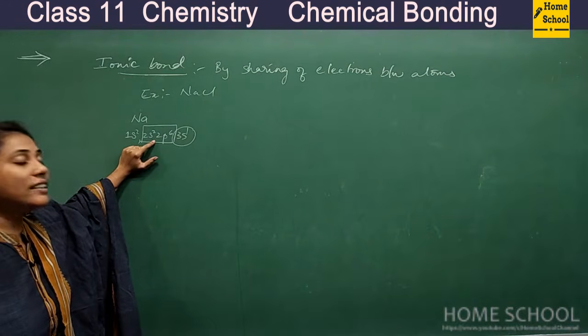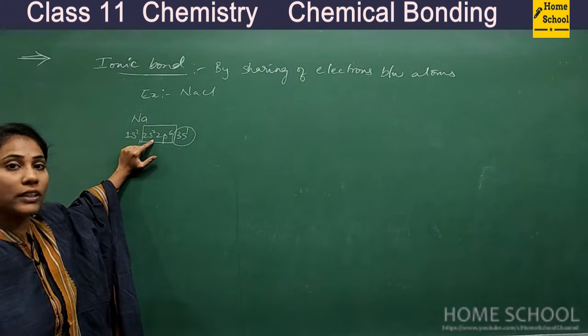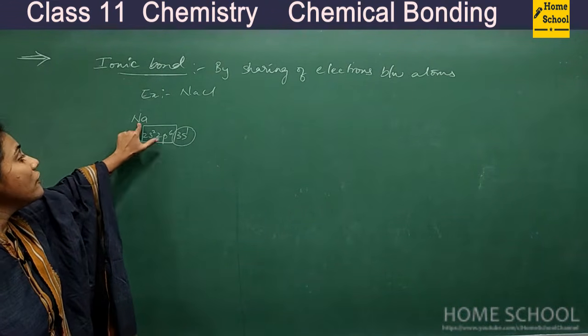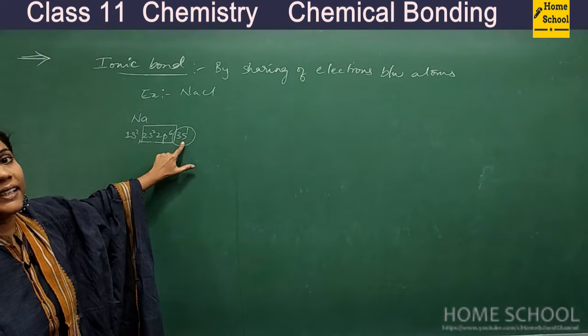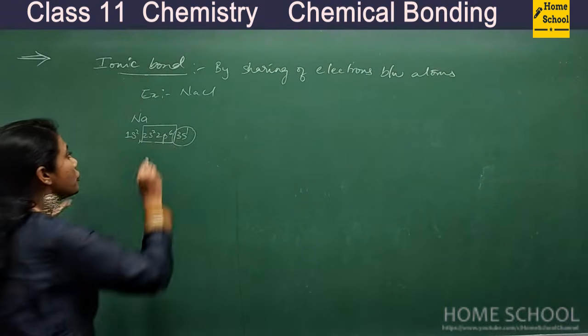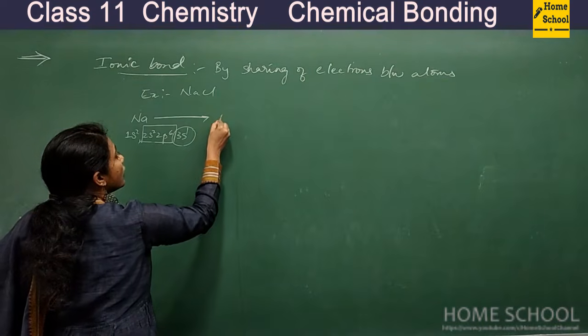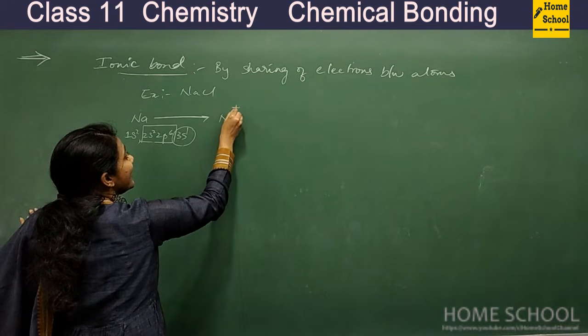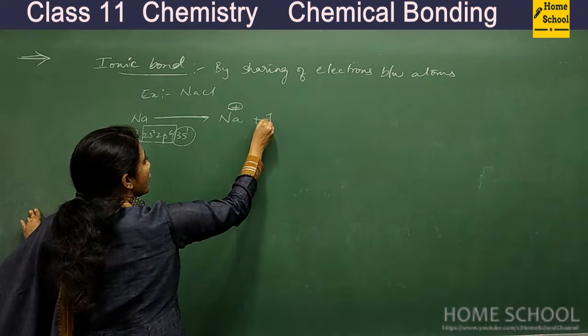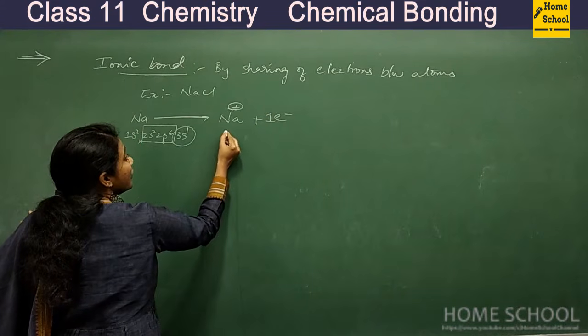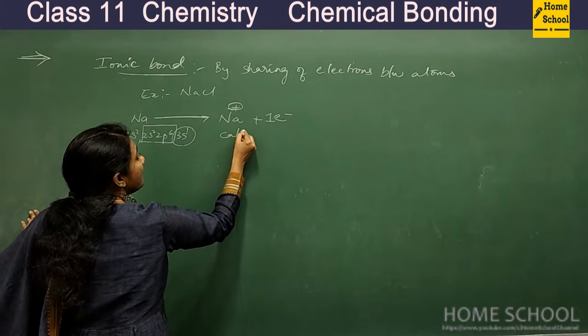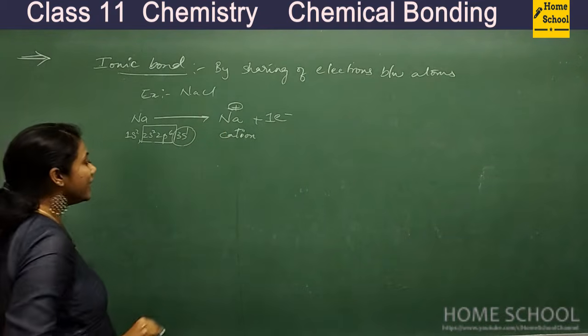It can satisfy the octet rule. So sodium will always like to lose that last valence electron. On losing one electron, sodium becomes Na+. One electron comes out and you get a sodium cation.